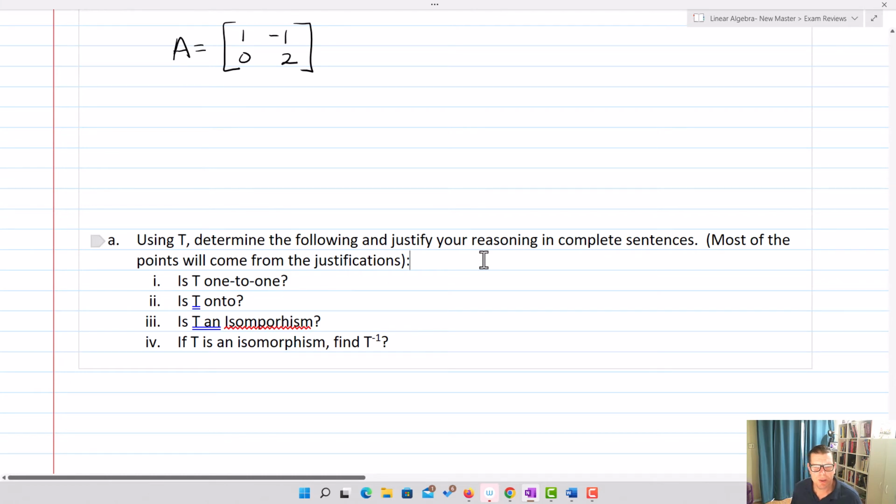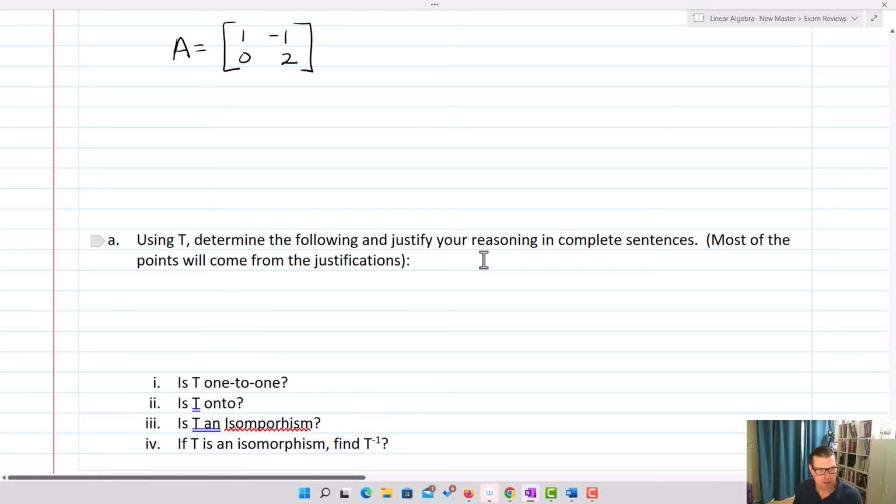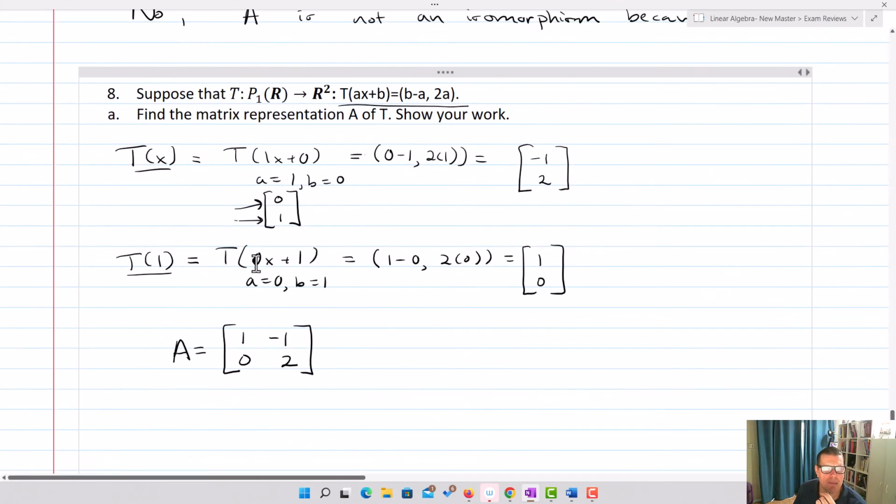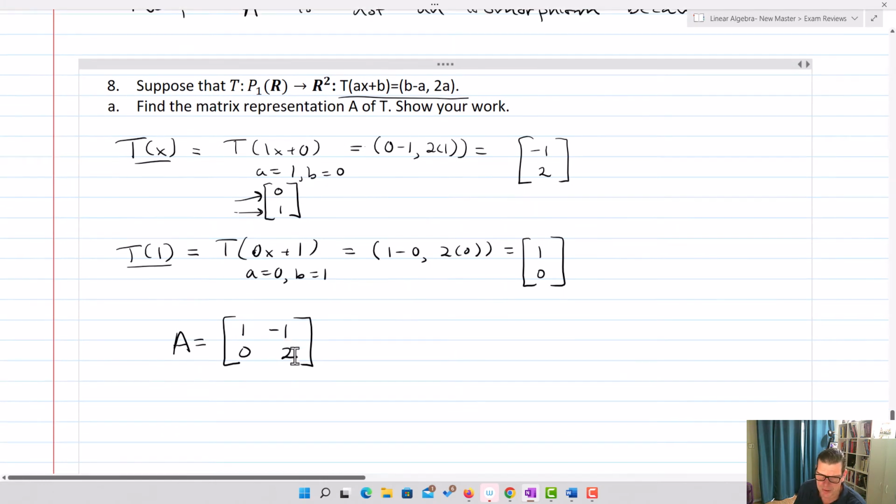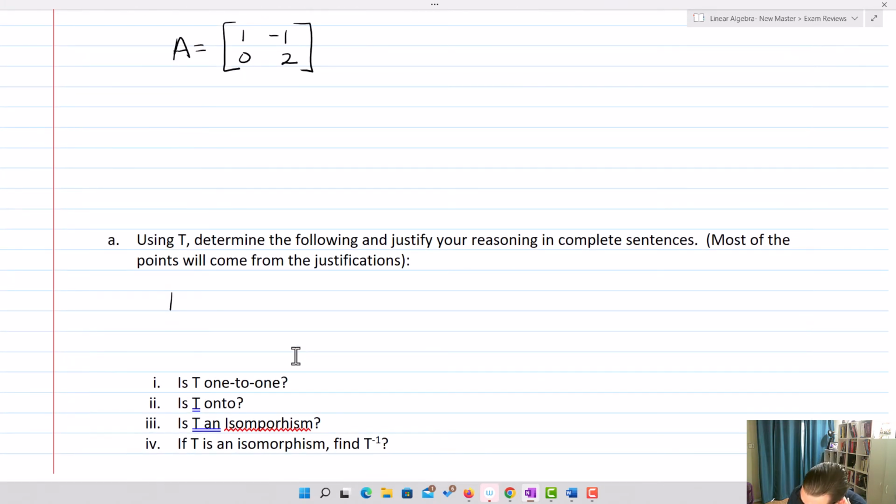So using my transformation T, or my matrix representation A, we're going to first find the RREF of A because we're going to need that in order to find the kernel of T and the range of T.